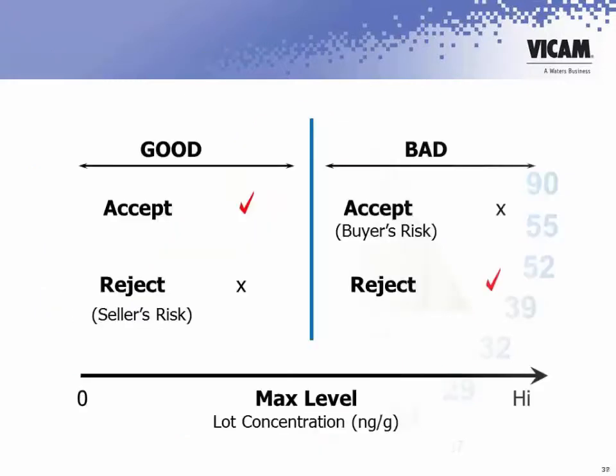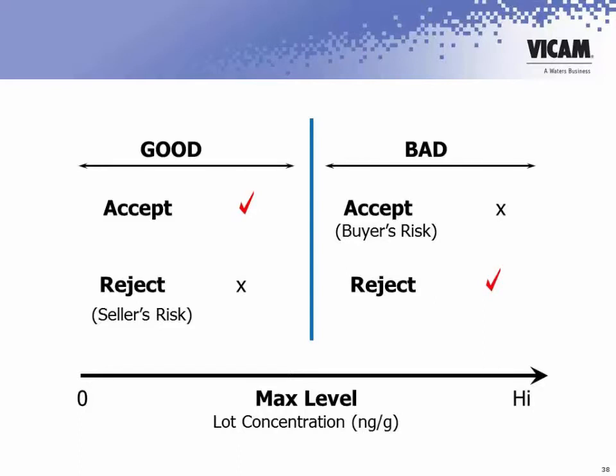So the situation is this: the blue line in this slide represents the level at which both the buyer and the seller agree is the maximum permitted level. If you have what is genuinely a good sample, that is, the overall level of contamination is below the maximum level, that would normally be accepted.